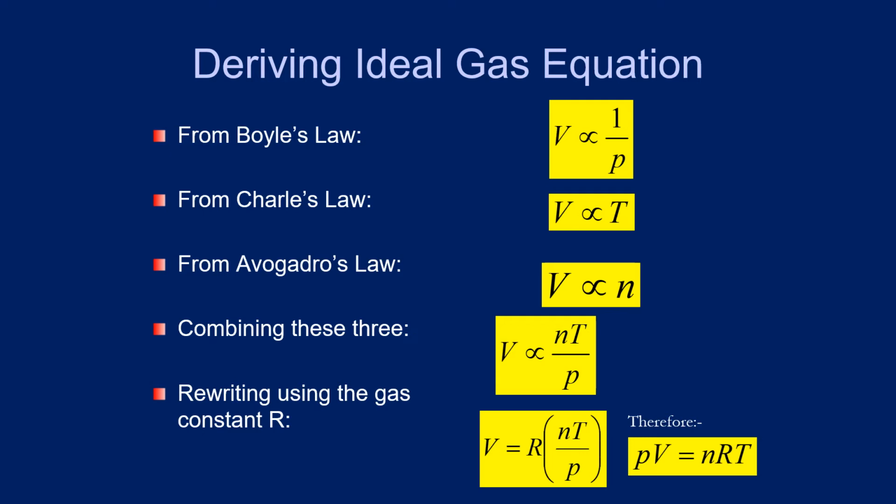You don't need to be able to derive the equation, but it's useful to know where it comes from. The equation PV equals nRT is on your formula sheet, so you don't need to memorize it.